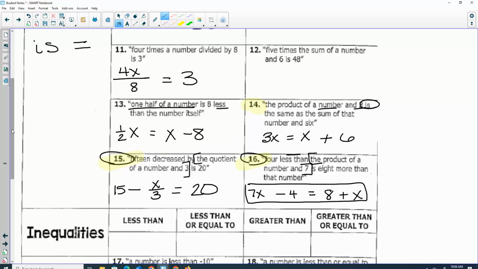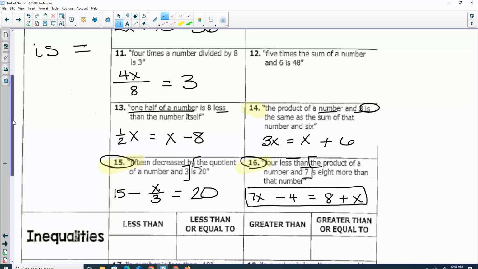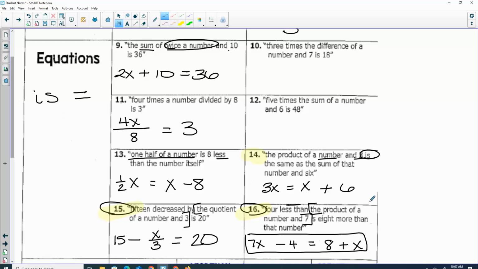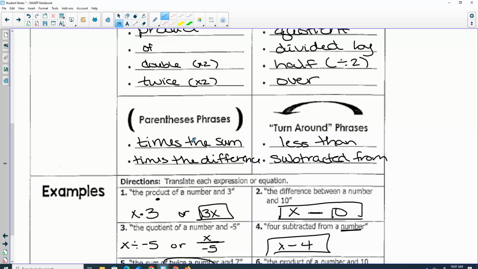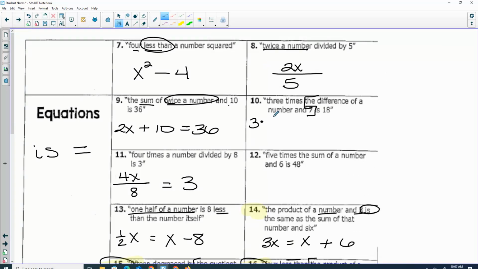All right, let's keep practicing on these. If I go back to number 10, 3 times, so I'm taking 3 and multiplying by the difference of a number and 7. So remember, I told you if you have times a sum or times a difference, we have to have parentheses.